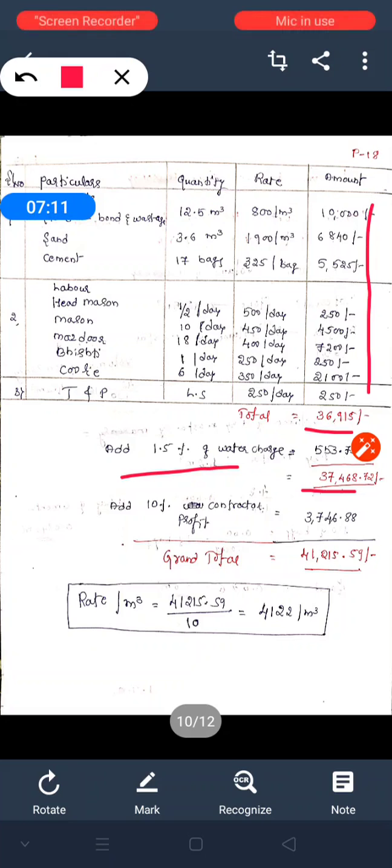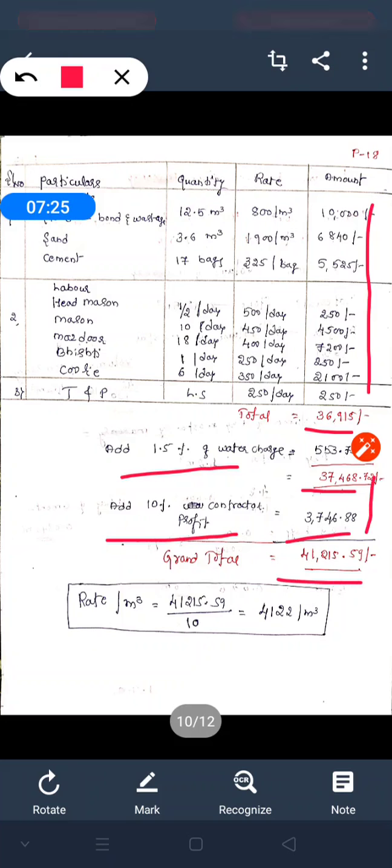For this amount again we have to add 10% of contractor's profit and overhead here. After adding 10%, we got 3,746.88. Then by adding these two amounts, we got the grand total as 41,215.59. This is the total grand amount.